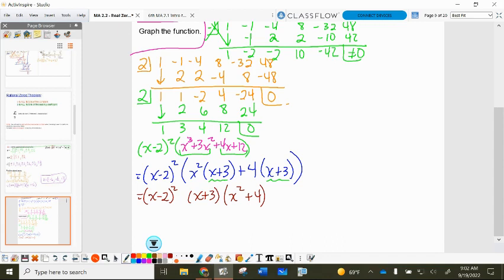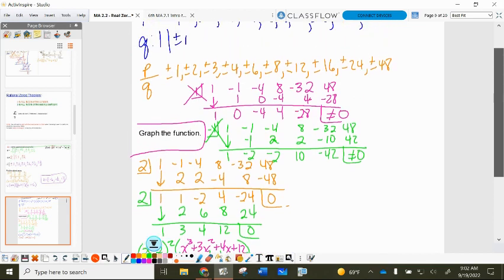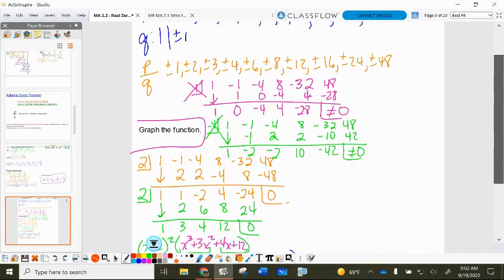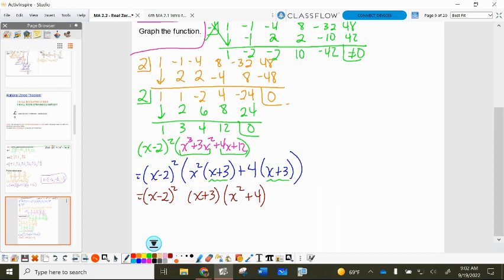If I take a look at this x squared plus 4, remember when we take our factored form and generate our solutions, which I believe is what they asked for, right? Do they want us to find all the rational zeros? Okay, so they want all the rational zeros, and so that's going to be x equals -3 and +2. Why did I not get any additional factors from this other one? Remember, we set those factors equal to 0 and solve, and so that would give me x squared equals -4.